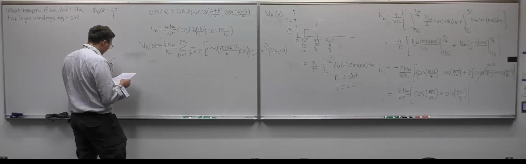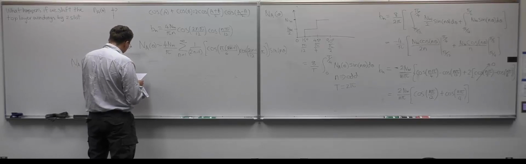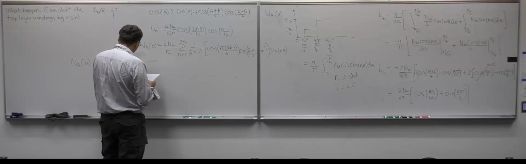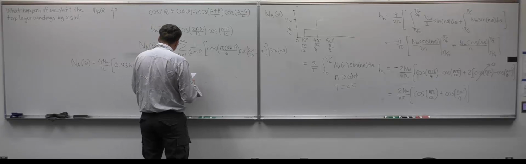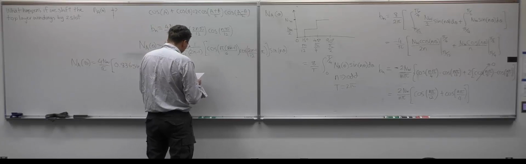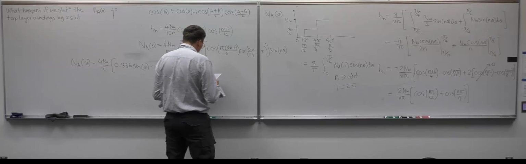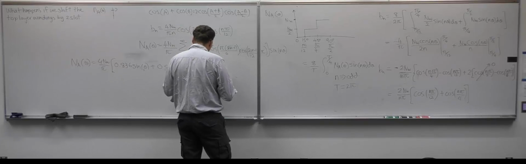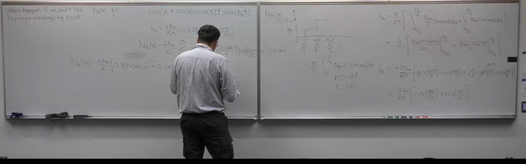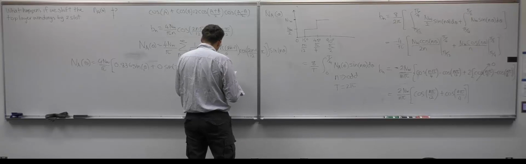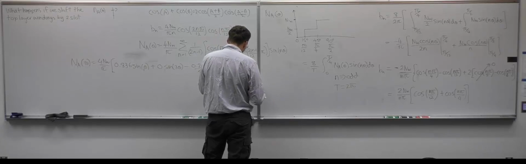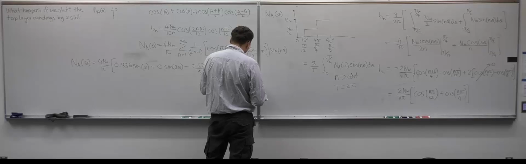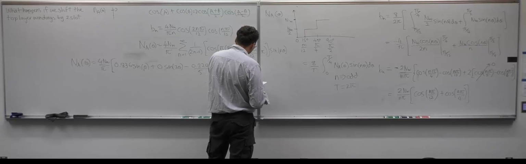Now the fundamental has actually gone down quite a bit, sine n theta, but there's no third harmonic anymore, and then the fifth is 0.224 over 5 sine 5 theta plus 0.22 over 7 sine 7 theta.